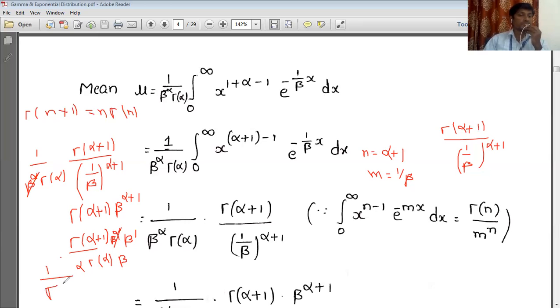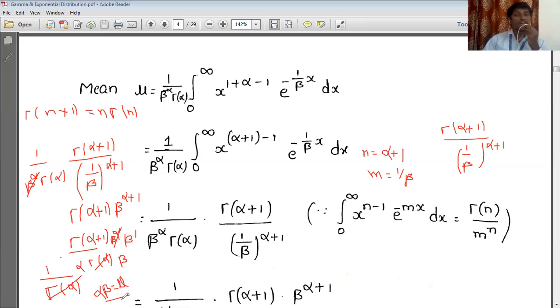After cancellation of beta power alpha, what is remaining? 1 by gamma alpha into alpha gamma alpha beta. So here gamma alpha both will cancel. And remaining what we have, alpha beta. So this one we calculated, mean. So mean mu is equal to alpha beta. So this is the one.